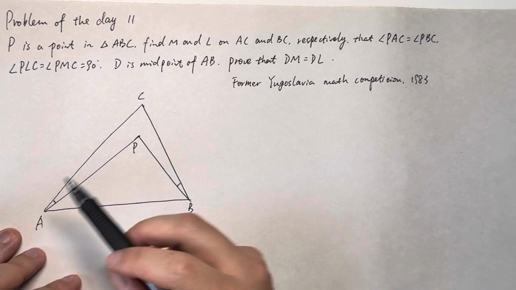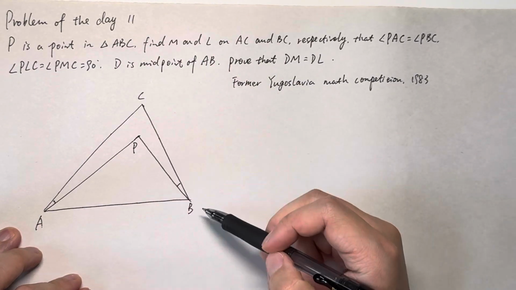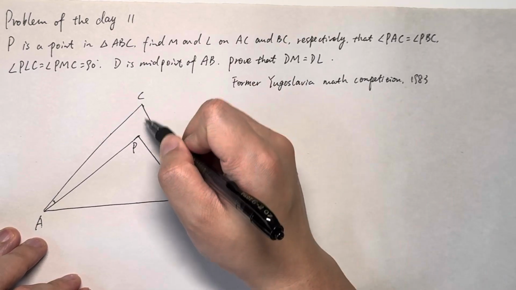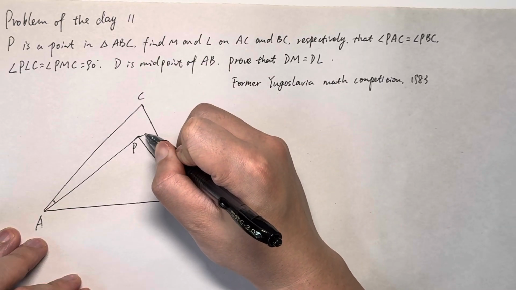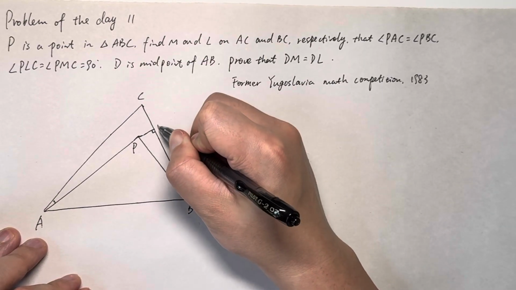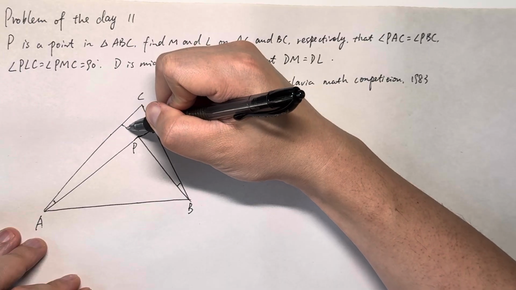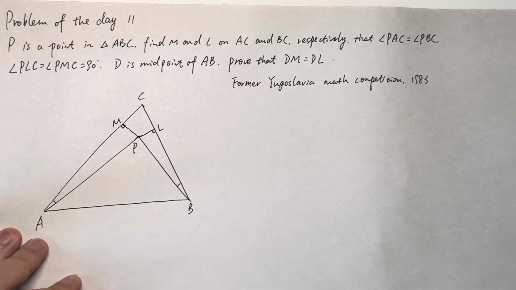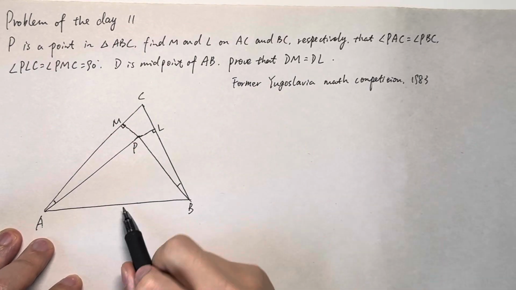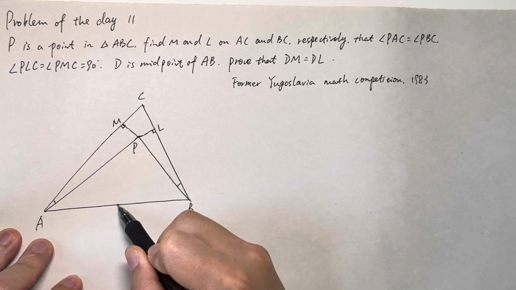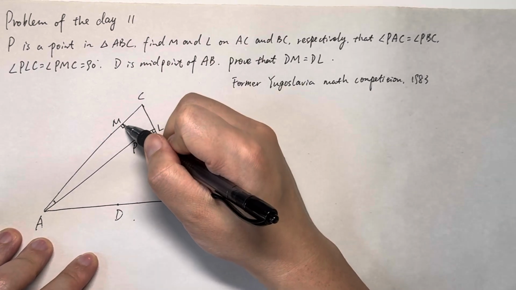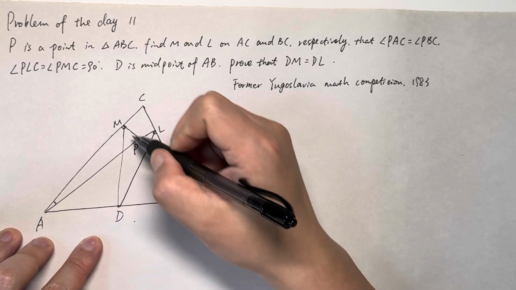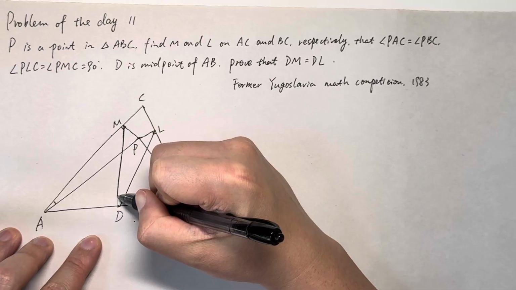And we want to find M and L on AC and BC so that angle PLC equals 90 degrees, which means L is here. M is here, right? And we want to find the midpoint of AB, which is D. And we want to prove that DM equals DL.